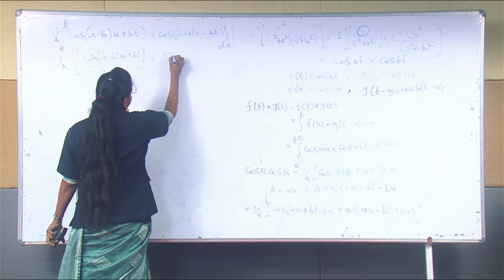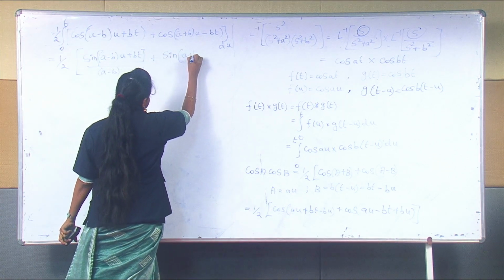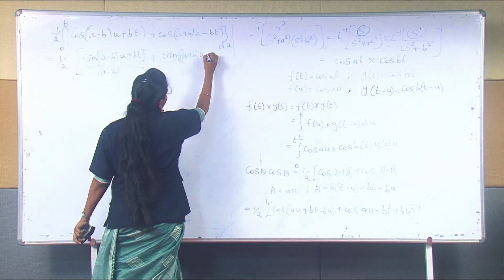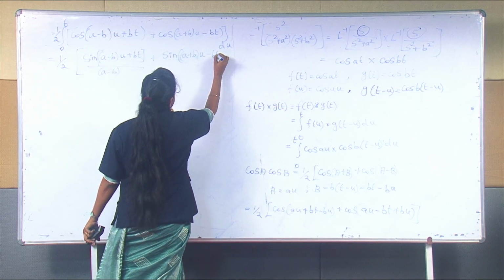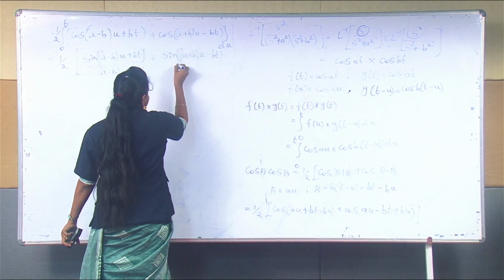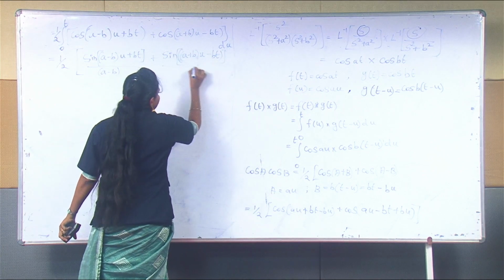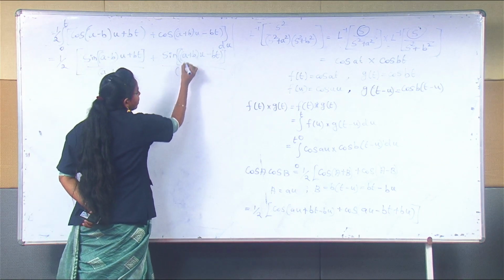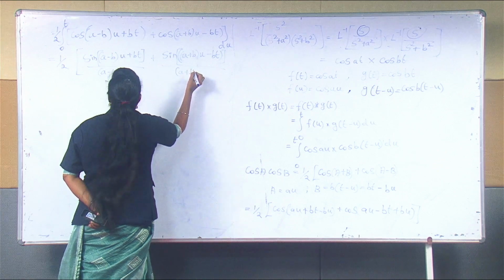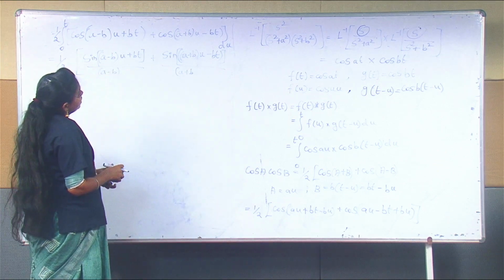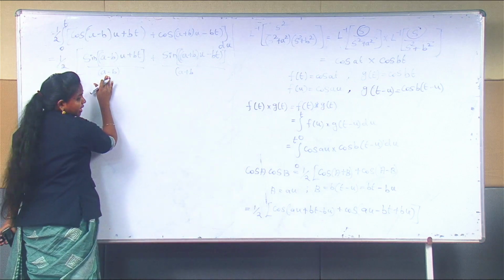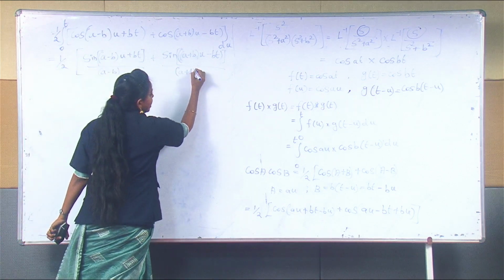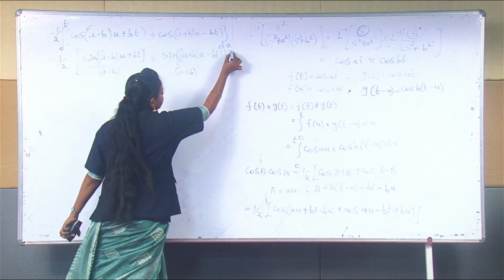Here sine of A plus B u minus bt, this is inside the function of sine and divided by, using the chain rule, we can write A plus B. Okay, here we are having A minus B, here we are having A plus B, that you have to note down.